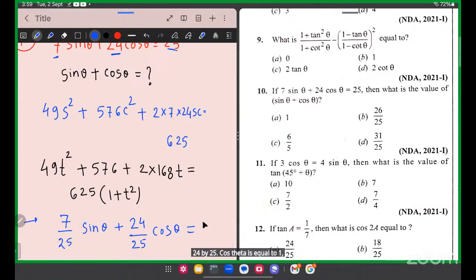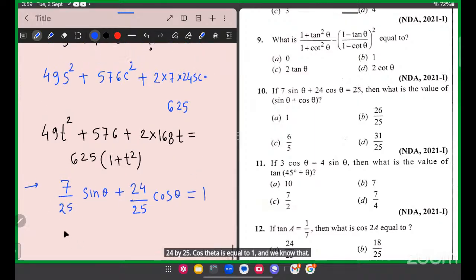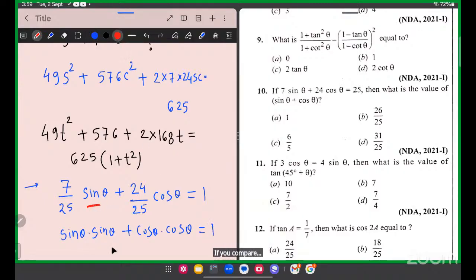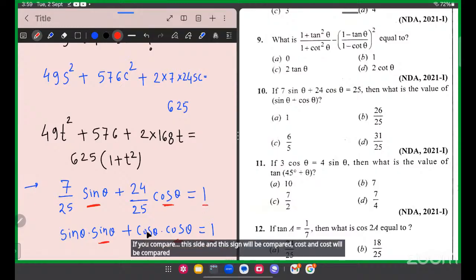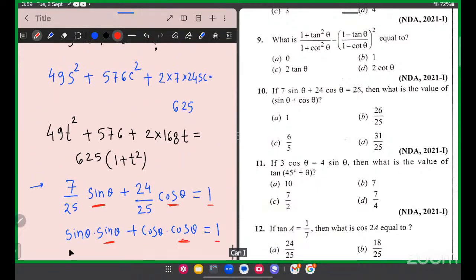And we know that sine square theta plus cos square theta is equal to 1. If you compare, sine and sine will be compared, cos and cos will be compared, 1 and 1 will be compared. In the same way, sine theta is equal to 7 by 25 and cos theta is equal to 24 by 25.